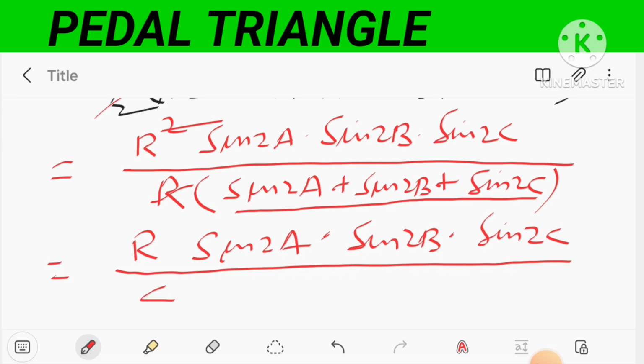And in triangle ABC we know that sin 2A plus sin 2B plus sin 2C is equal to 4 sin A into sin B into sin C. I have already taught you this in a previous video.